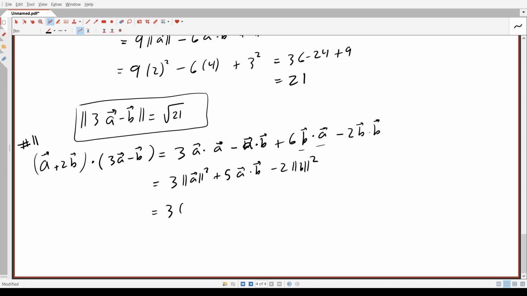Plug in numbers, 3 times 2 squared plus 5 times 4 minus 2 times 3 squared. That's 12 plus 20 minus 18. So that's going to be 14. And I don't have to take the square root because I didn't square this for any reason over here. It was just already like that.